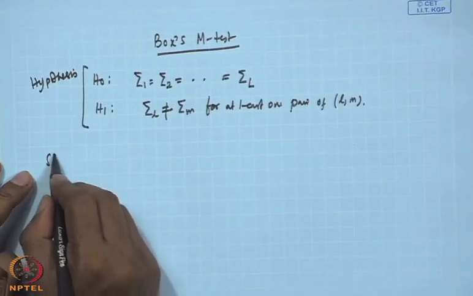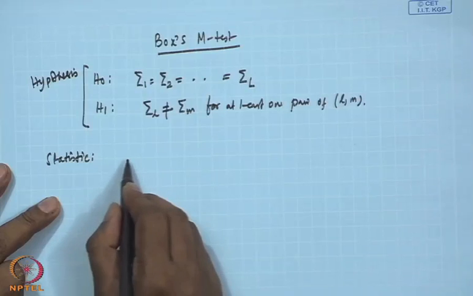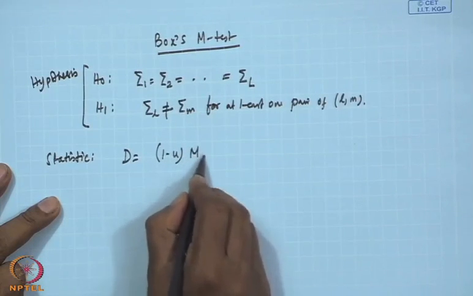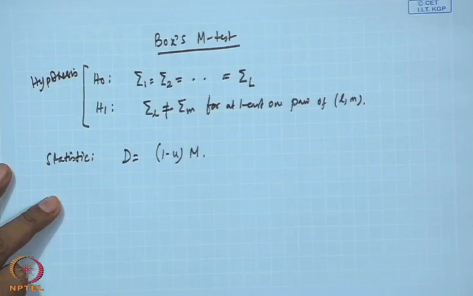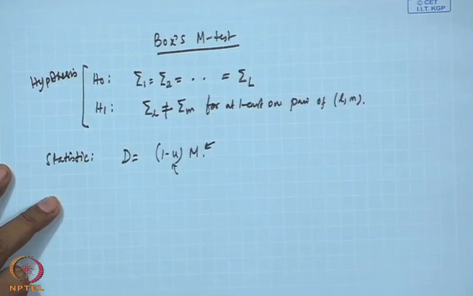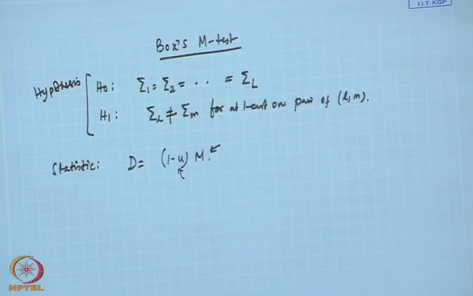Then create the statistic. Our statistic we are creating, suppose D equal to 1 minus U into M. So you need to know what is M and what is U, correct. Now let us see the slide where I have written these things.